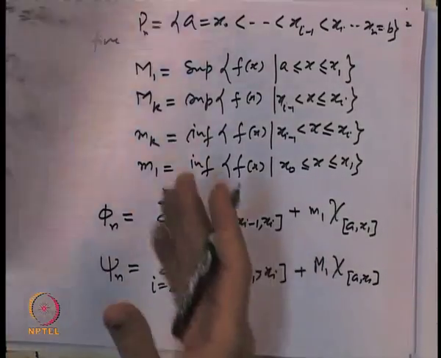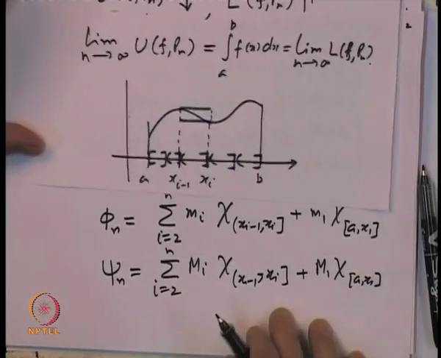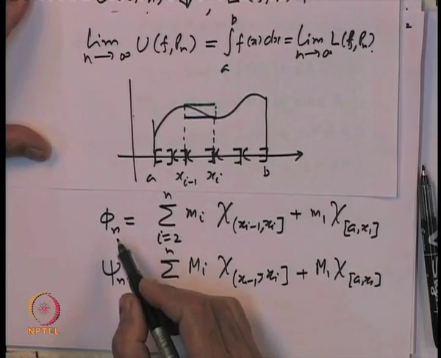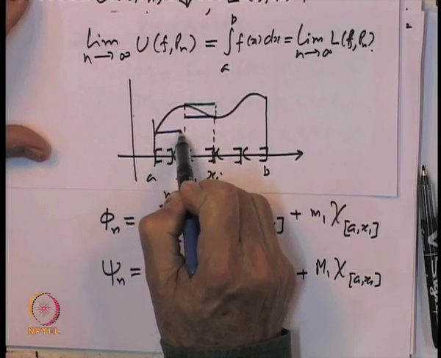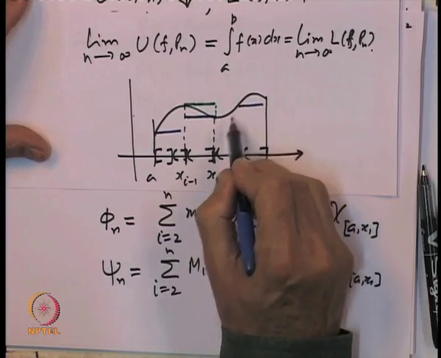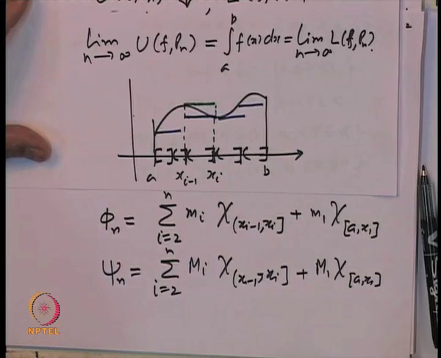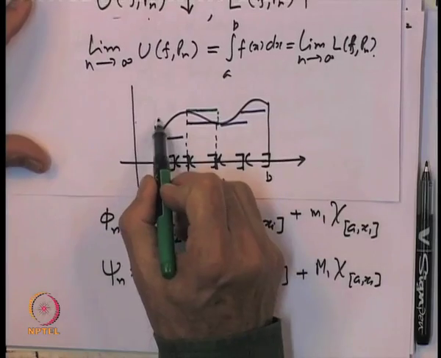So, the function small phi_n will look like the minimum values like this, and the capital psi_n's will look like the maximum values.